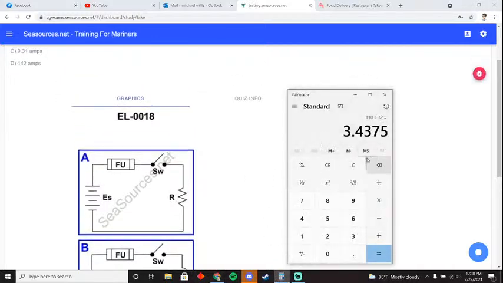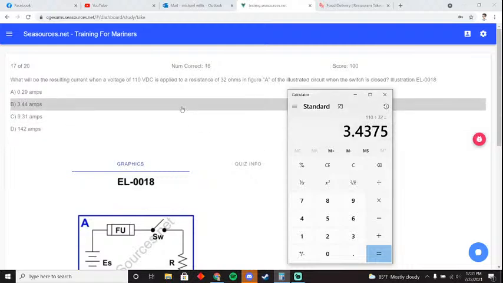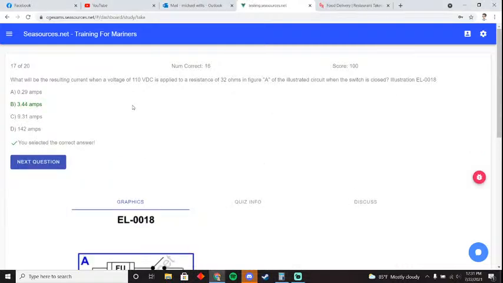So what you do, you take 110 and you're going to divide it by your 32 ohms. And your current is going to be 3.437. Well, you got to round that 3 up because of the 7. So it's 3.44 amps.